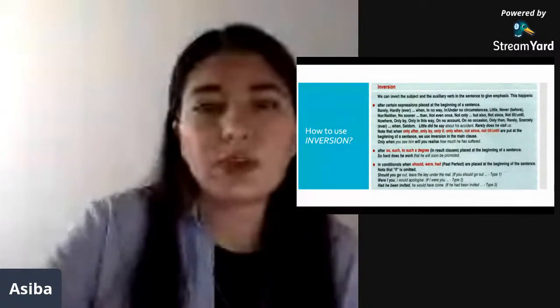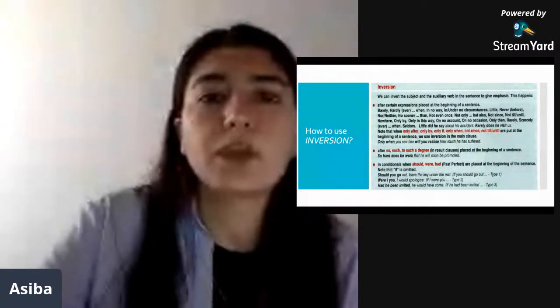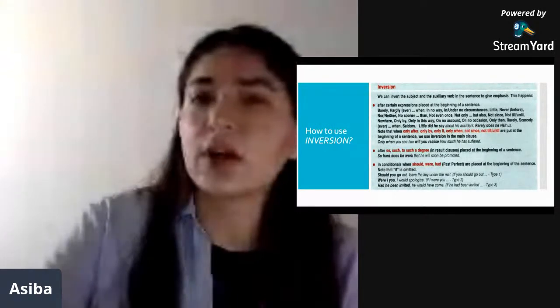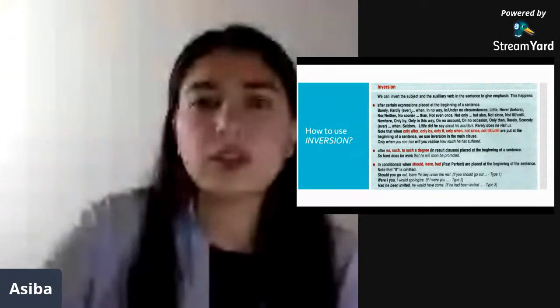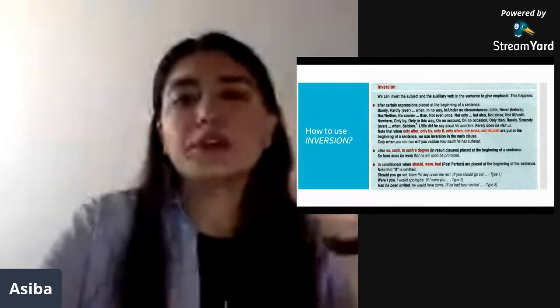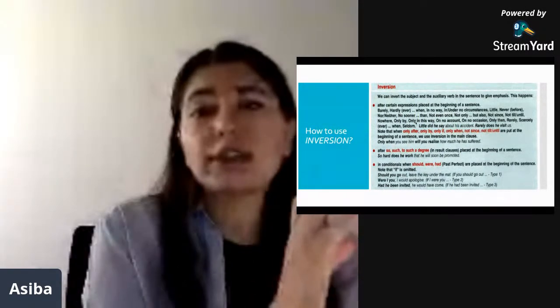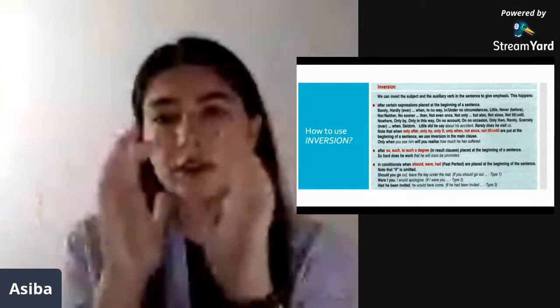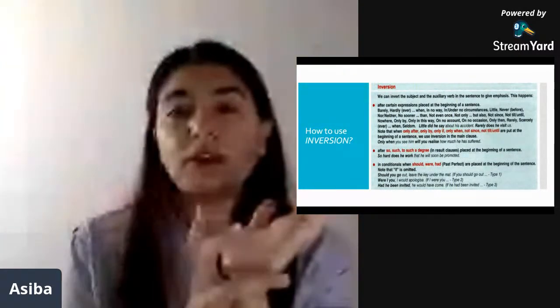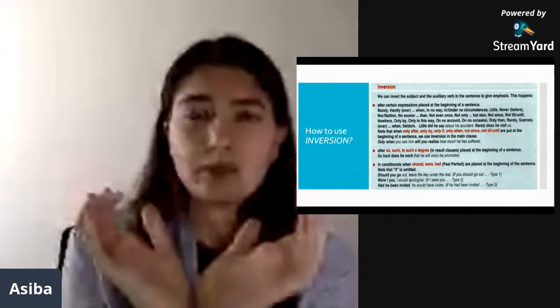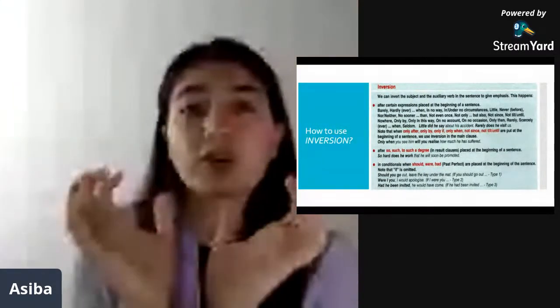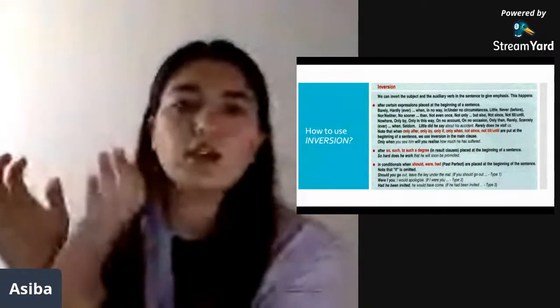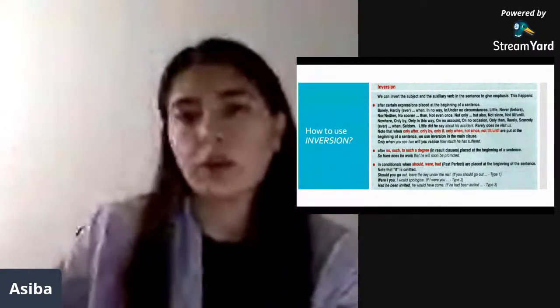Which phrases can be used here? Barely, hardly, or hardly ever, when. Can you see this dot dot dot? It means that you put the first part at the beginning of the sentence, then you invert the part of the sentence into the structure of the question sentence, and then you say when, and again the rest.